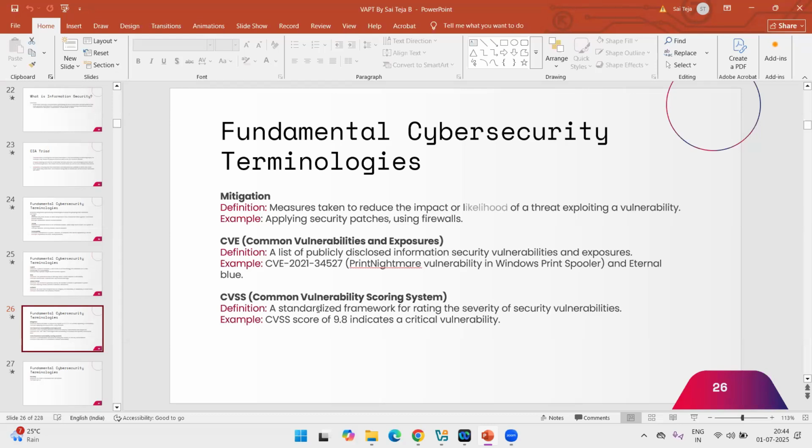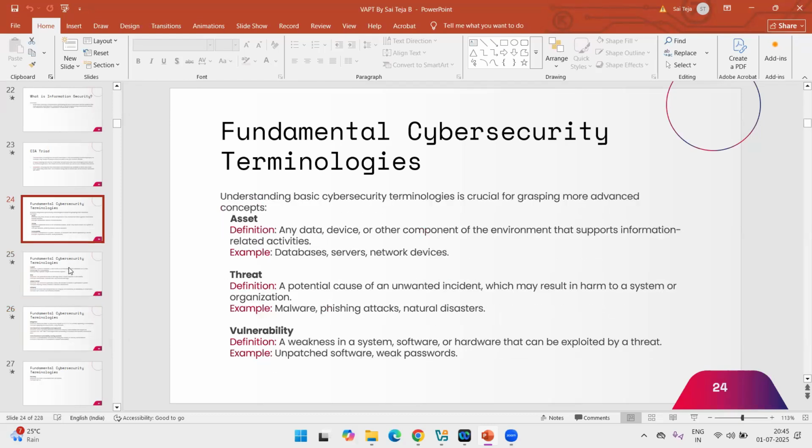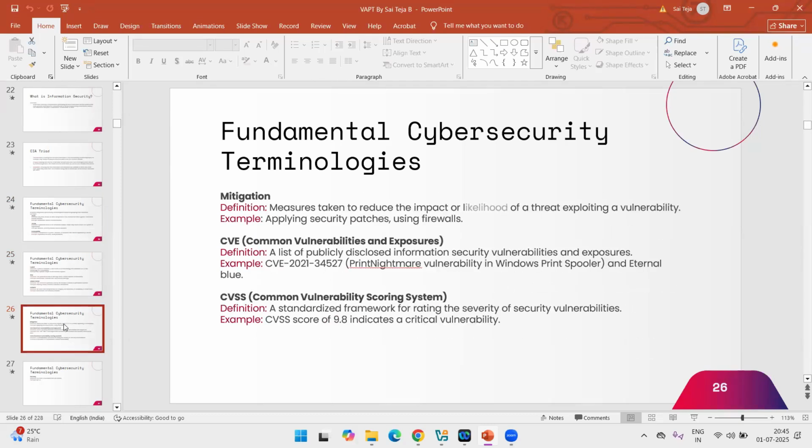When you reduce the risk, the possibility of loss or damage will come down. Understand? Any part that you need me to explain, or is it good?